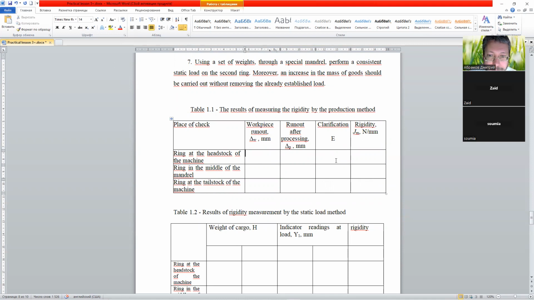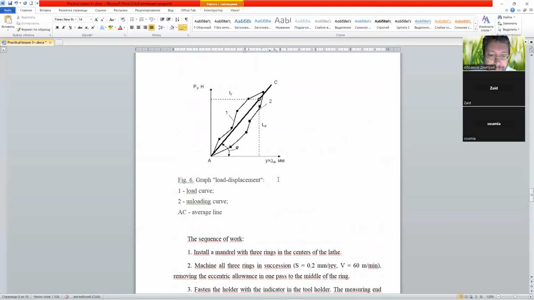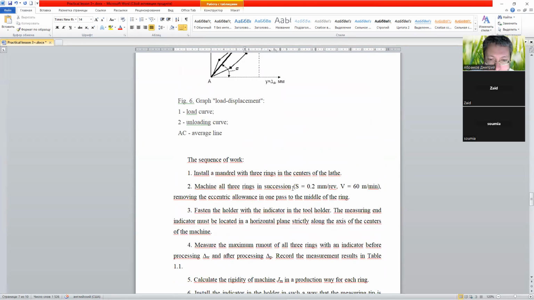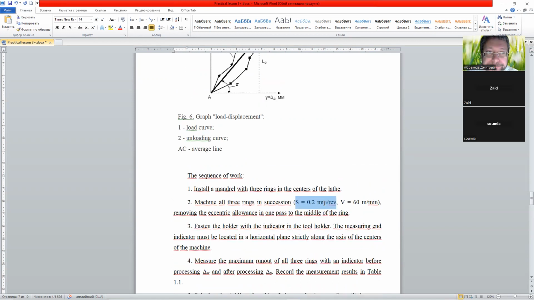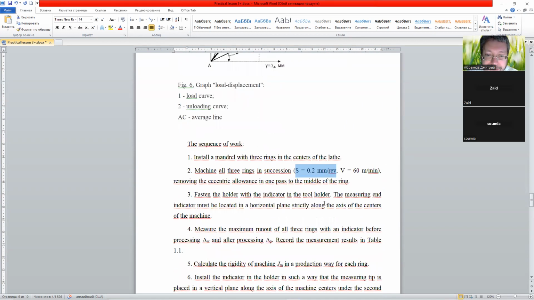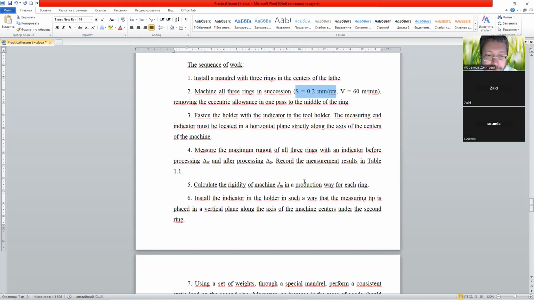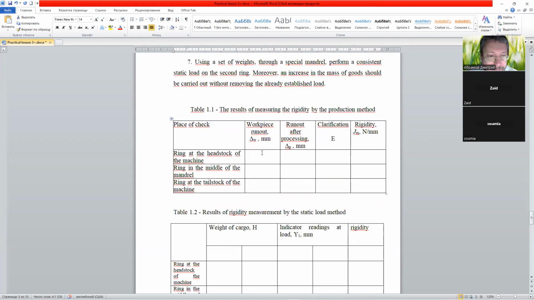S is 0.2. Oh, 0.2, yes. S is equal to 0.2 millimeters per revolution, per one revolution. Okay, it's the same value for each ring. For the first ring, the second, and the third ring it is equal to 0.2, the same value.